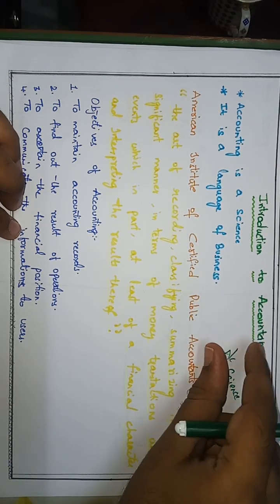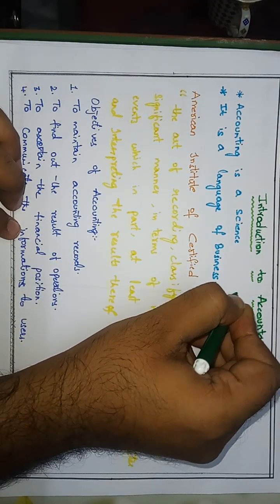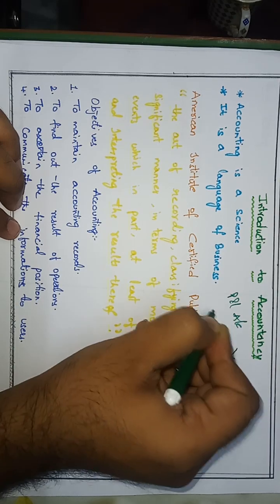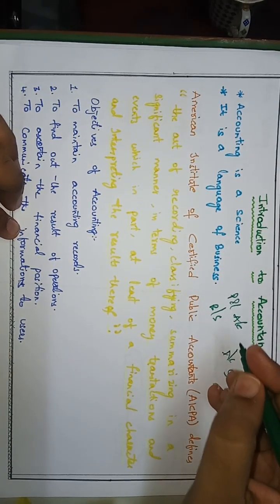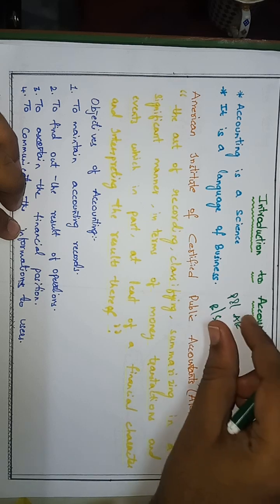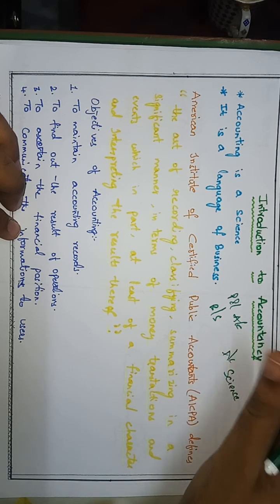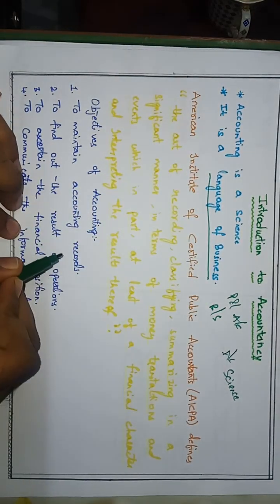With the help of these statements, that is the P&L account and balance sheet, we present them to the owners of the business, and they decide what changes we should make in the business for the next upcoming financial year. In this way it also acts as a way of communication. That's why it is termed a language of business.